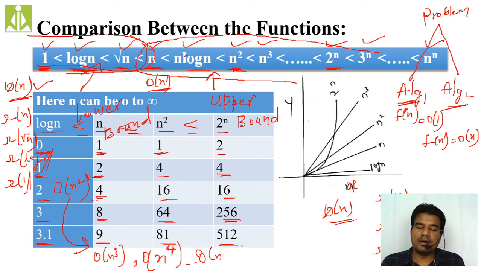Big O of n power n will also satisfy. Likewise, based on the notation we categorize our function, and either the upper bound, the lower bound, or the specific bound, that is the average bound, will satisfy my function.